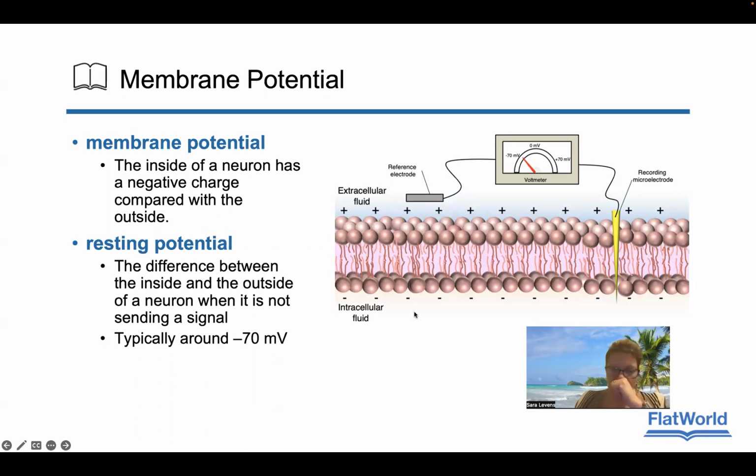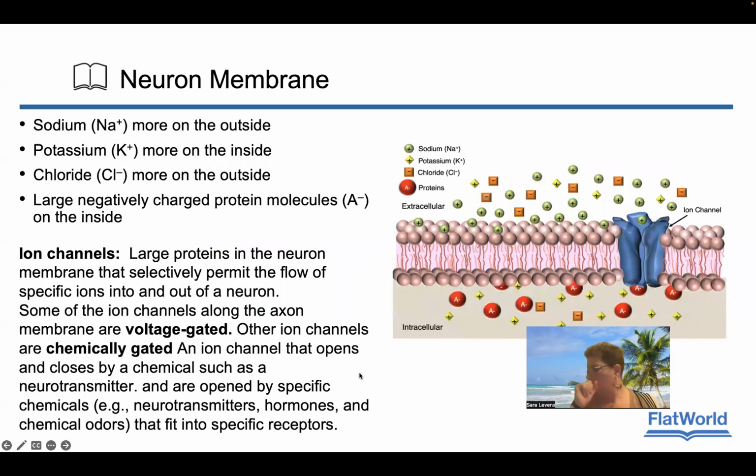And again, this resting potential, with the tautness of the rubber band, is typically right around negative 70 millivolts. Okay, so now you'll start to see how some of this voltage gradient and concentration gradient are applied.